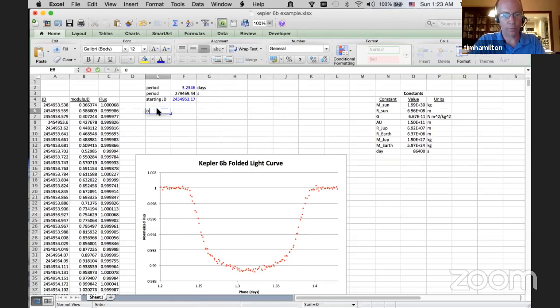I'll just say the orbital radius, but it is properly the semi-major axis. And that is equals gravitational constant, G, times the mass of the star. Oh, we need to get the mass of the star.